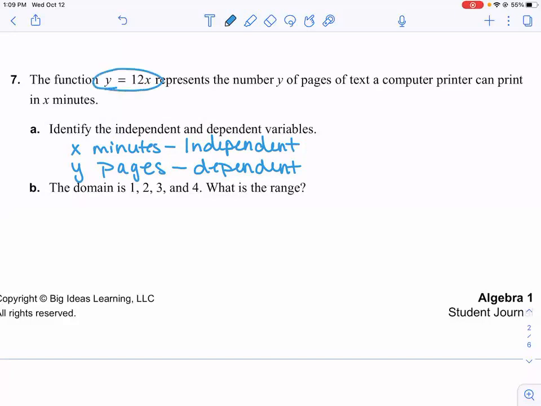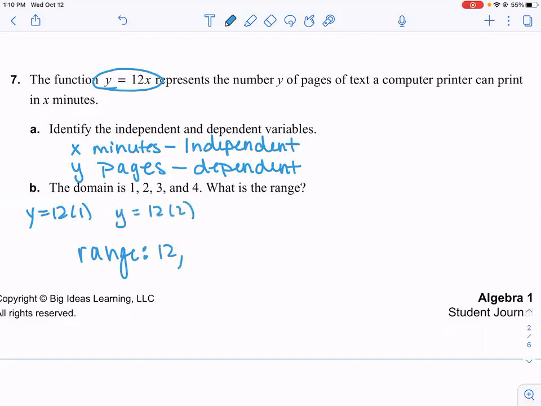So if our domain value is 1, what are we going to plug that in for? x. y equals 12, so our range will be 12.